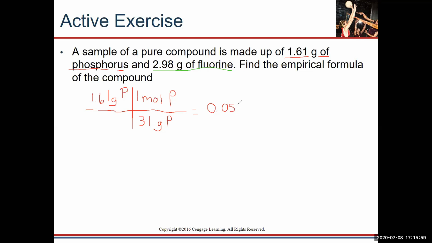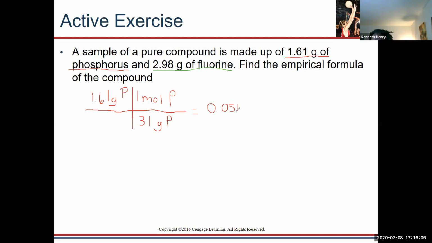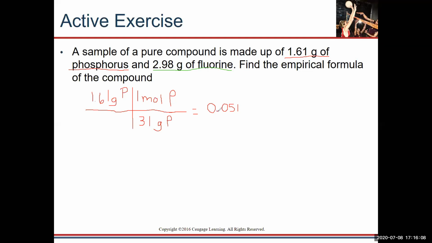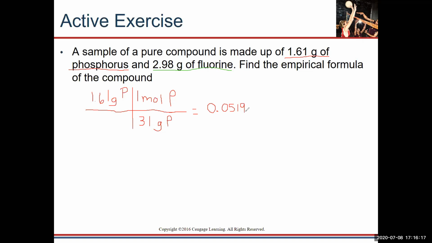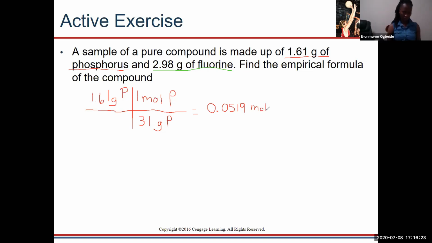One more, so it's going to be 0.0519. Moles of phosphorus.